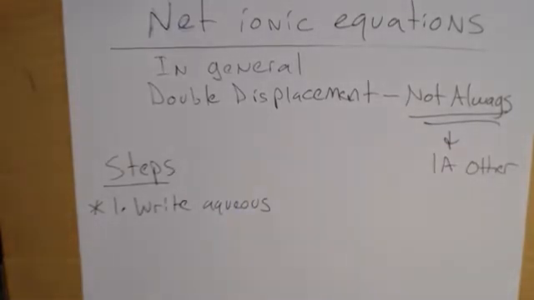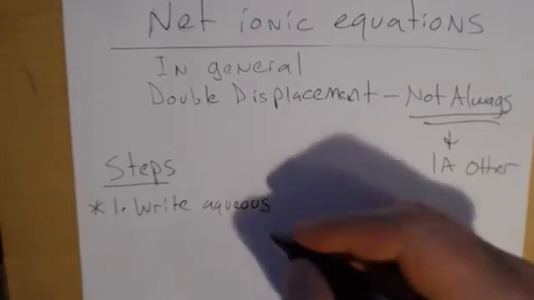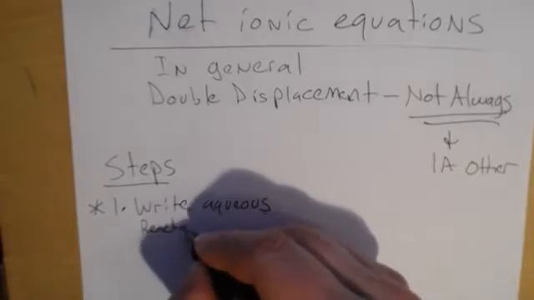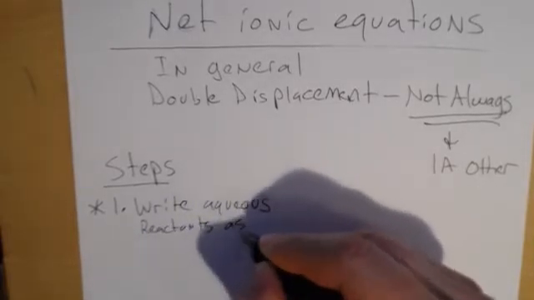In general for us, all of our reactants will be aqueous, but I'm making this more general so it will also apply to Chem 1A, which you'll take later. Because if something was not aqueous, you can't write it as ions, right?